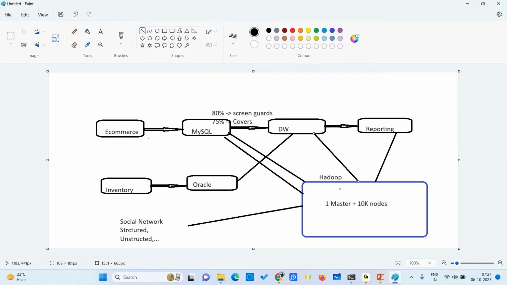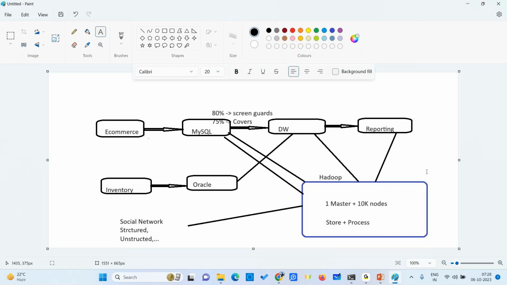It has a main server, that is a master node, and that is connected with a group of computers, those are called nodes. And here it provides us two kinds of tools, that is, it has to store as well as it has to process.